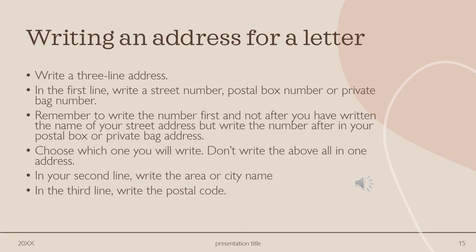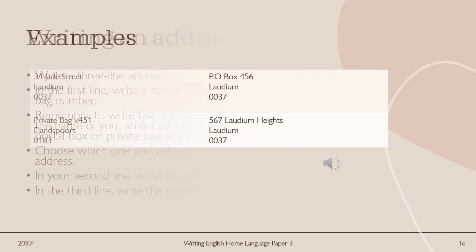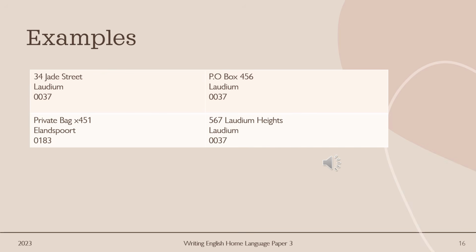In your second line, you are going to write the area or the city name. And in the third line, you are going to write the postal code. The following are your examples.